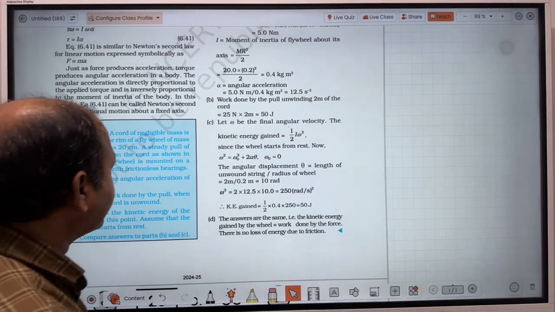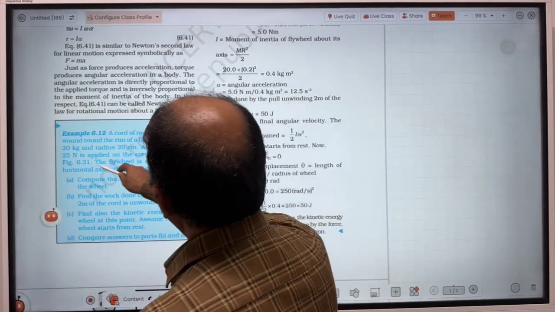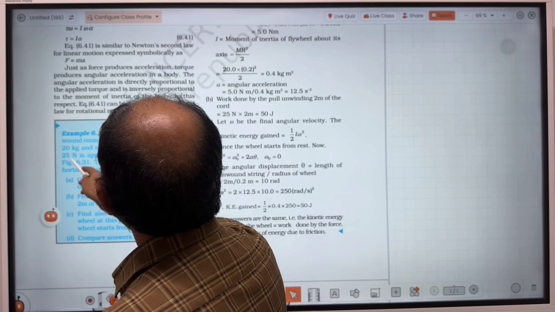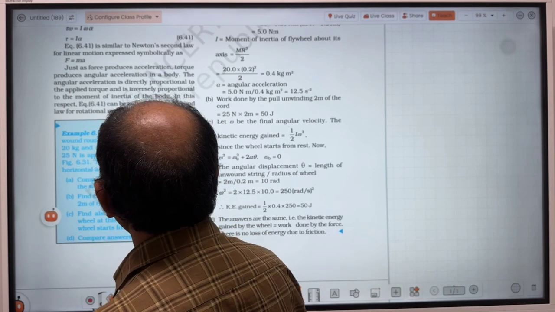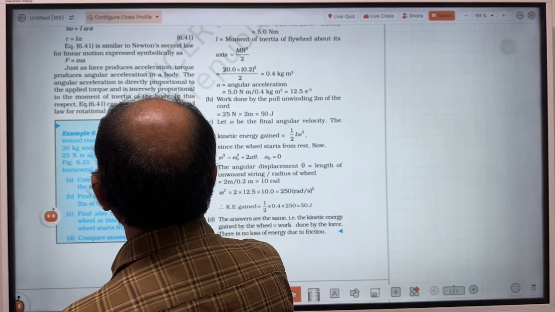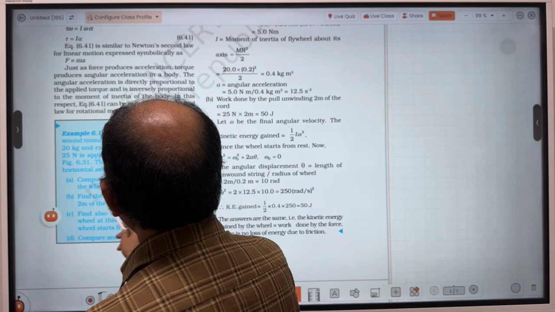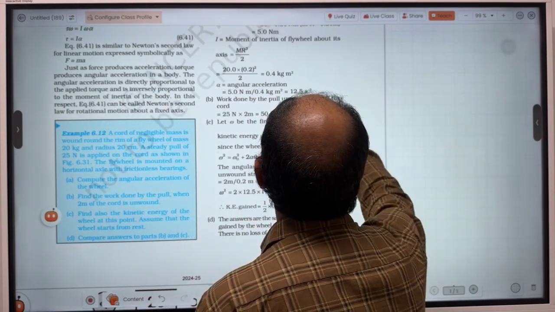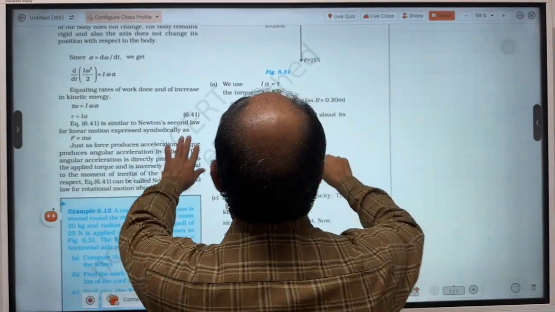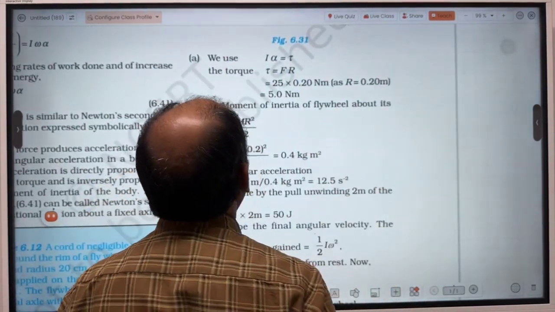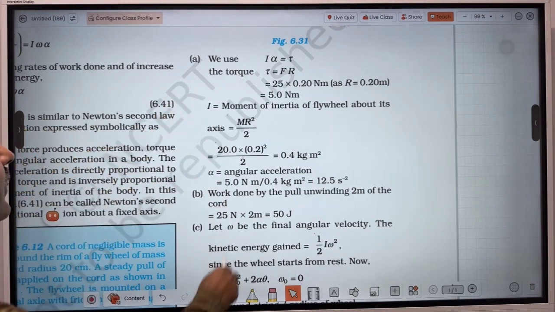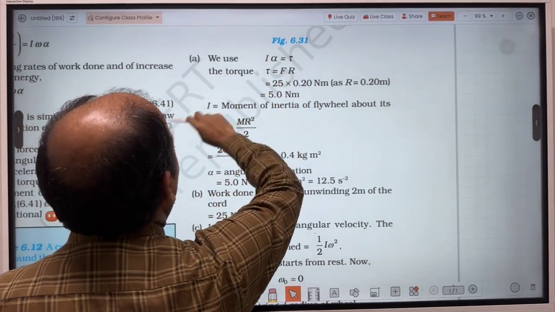So let's see. With the given information, mass is given, radius is given, the force with which it is being pulled is given, and the pull is when 2 meters of cord is unwound. So these are the conditions. So we can see the solution directly. With the given information, we know I alpha equal to tau.